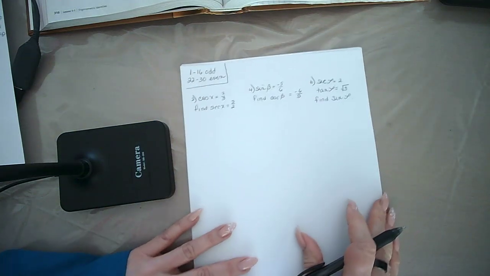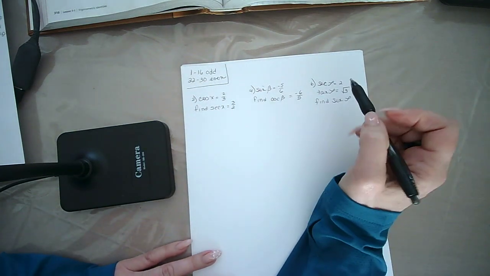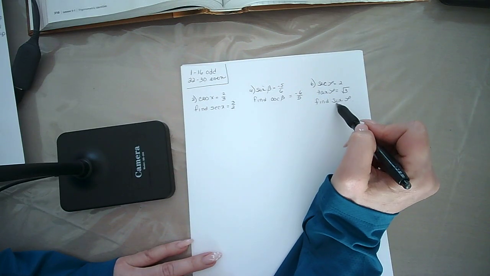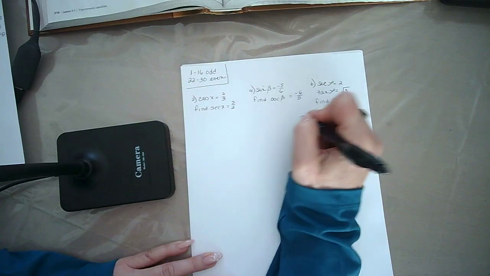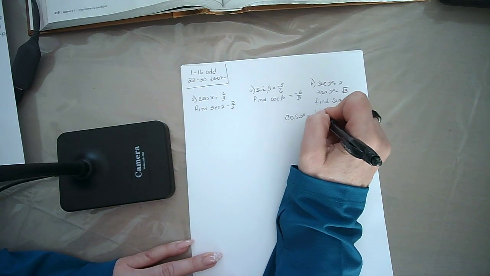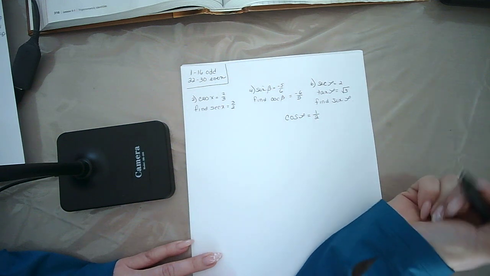Here we're going to have to do a little more work. We know the secant. What does the secant tell us? It doesn't tell us the sine, but it does tell us the cosine. So from this, I could figure out that the cosine is 1/2. How does that help?